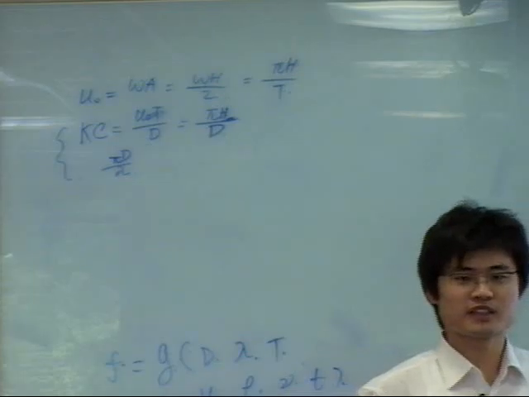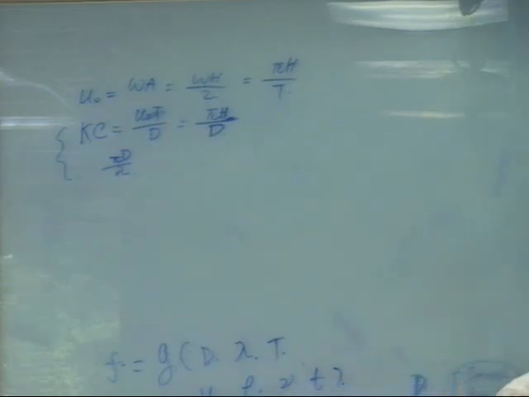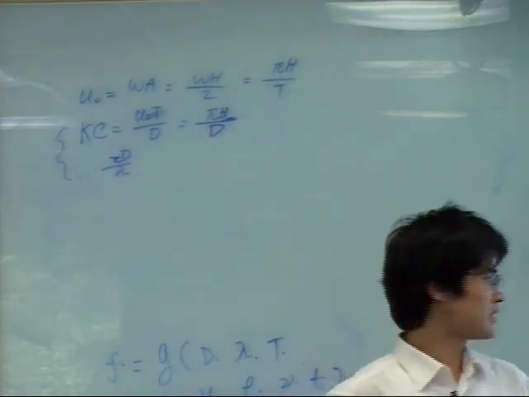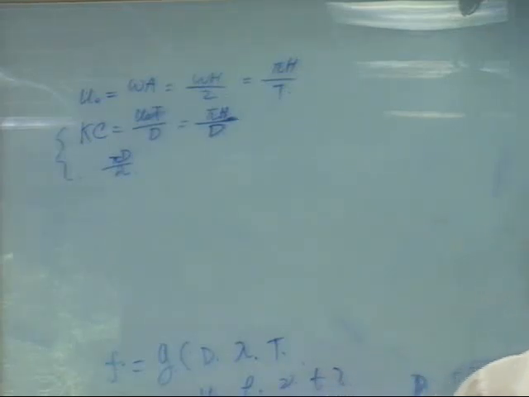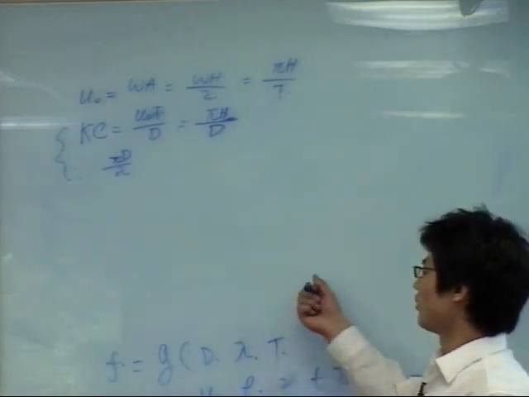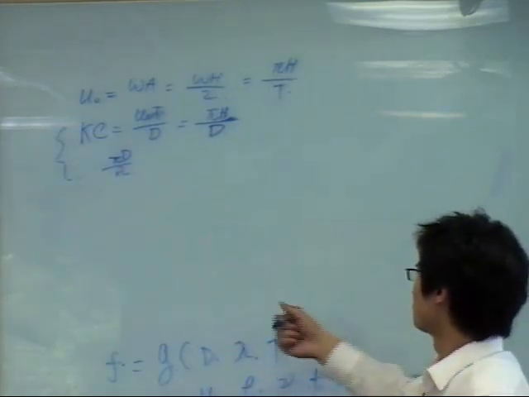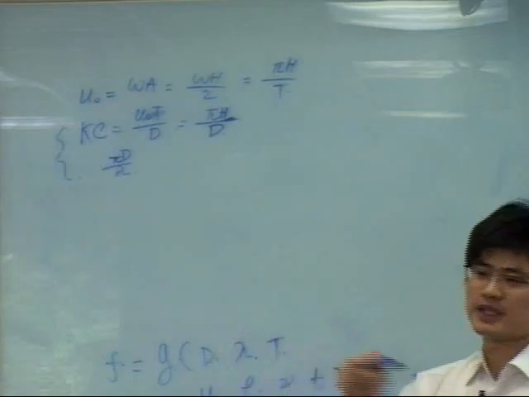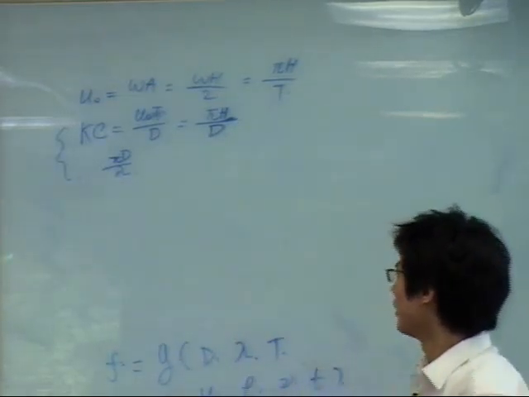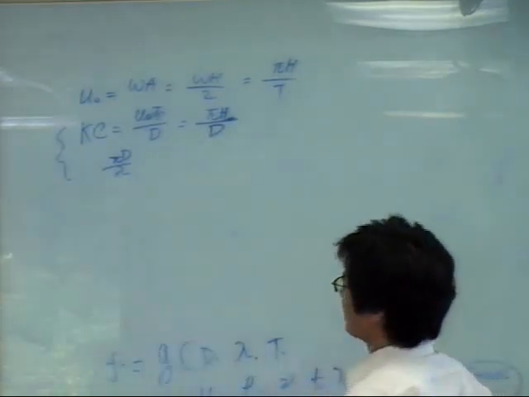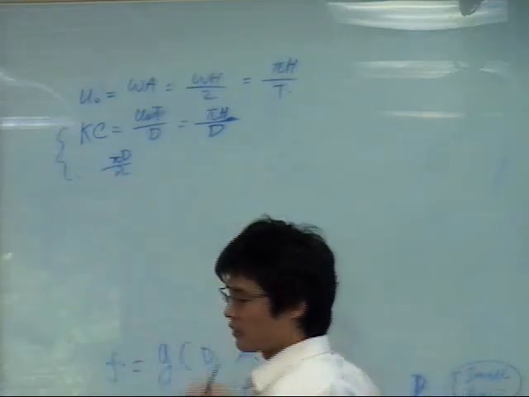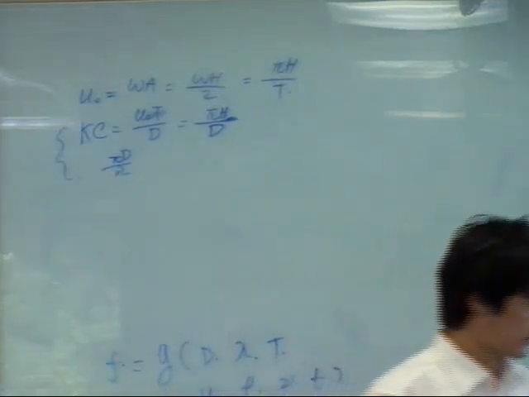That means the structure is likely to diffract the waves. What is diffraction? Diffraction is like influencing the wave field. If this is a wall, incoming waves hit the wall and then reflect back. This is called diffraction. Or if the structure is large enough, the waves change direction and go around it. This is called diffraction.